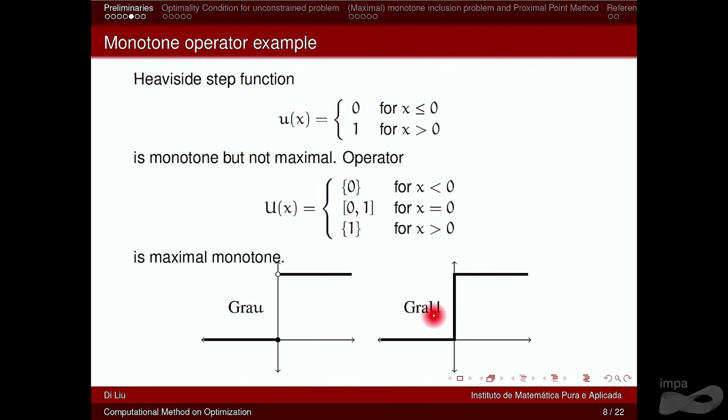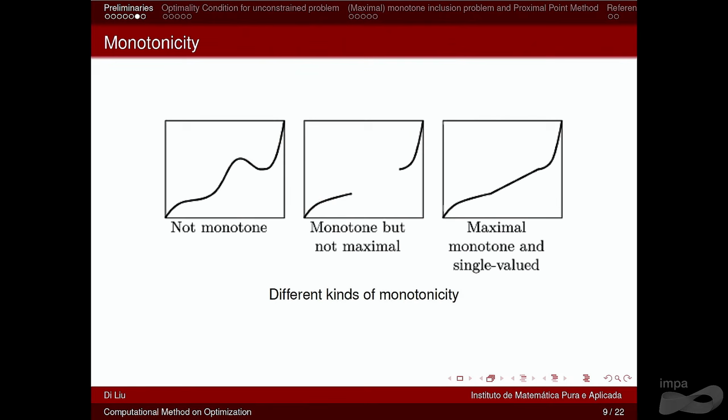But we need to pay attention. This operator U is not single valued, okay? It's not single valued because at point x0 the image is a set, not a single point. Okay, this is the monotone operator. And okay, we have another graph to show, so this is not monotone, okay? This is monotone but not maximal, and this is maximal monotone and also single valued, okay?